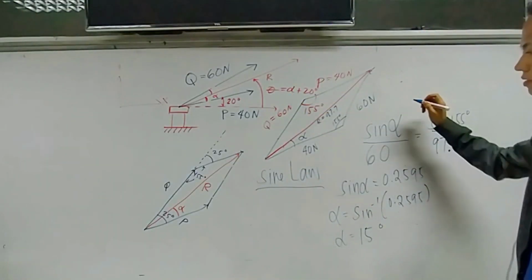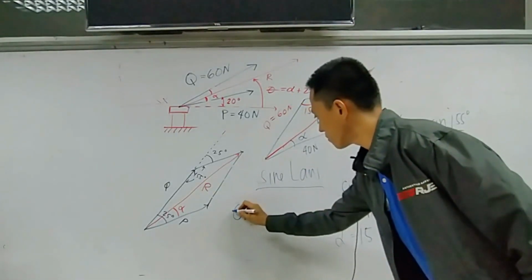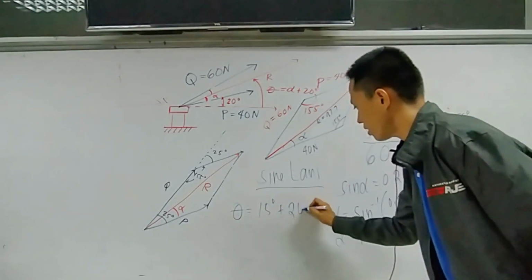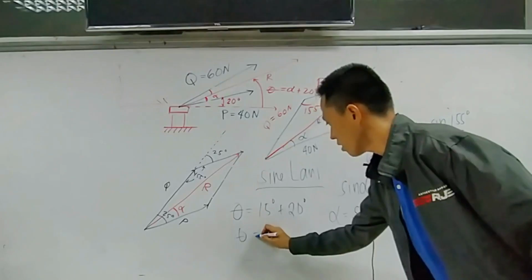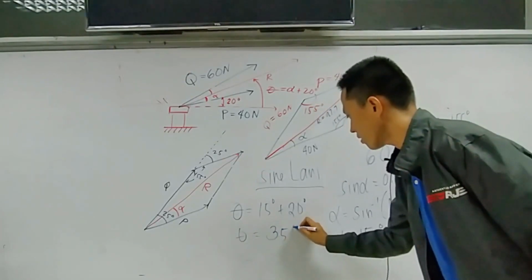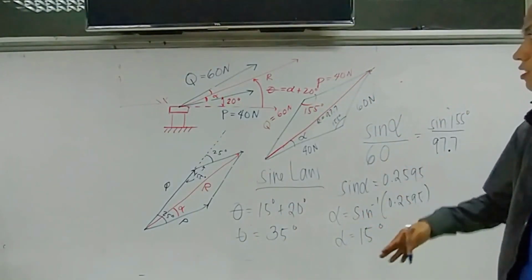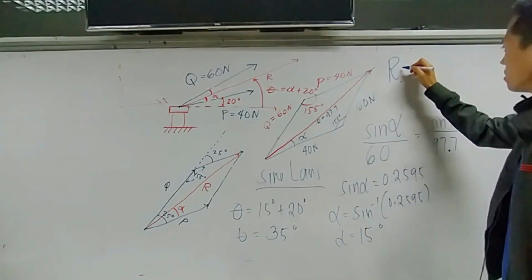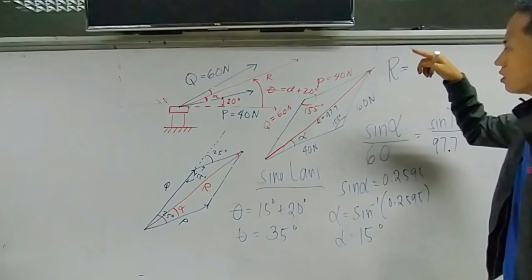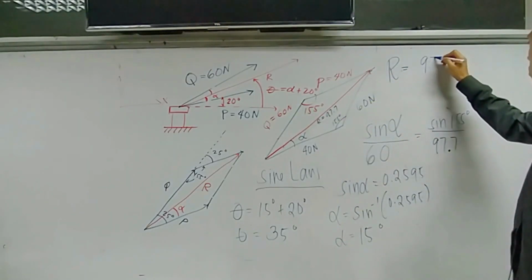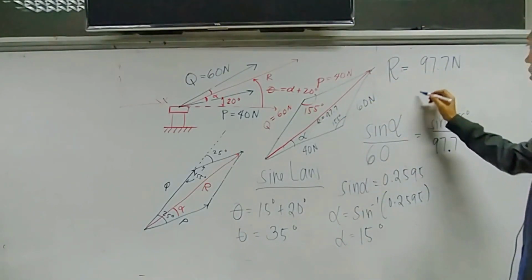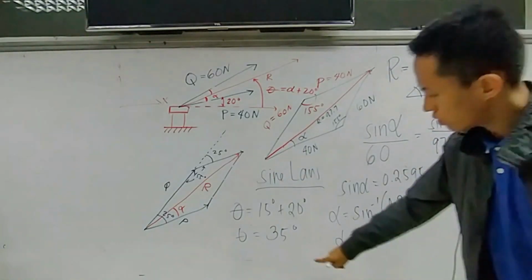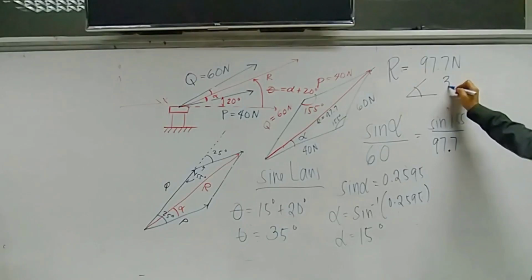Therefore, theta equals 15 degrees plus 20 degrees. Therefore, theta equals 35 degrees. So, this is the angle. Therefore, final answer natin guys, resultant is equal to 97.7 newtons. Okay, angle natin is equal to 35 degrees.